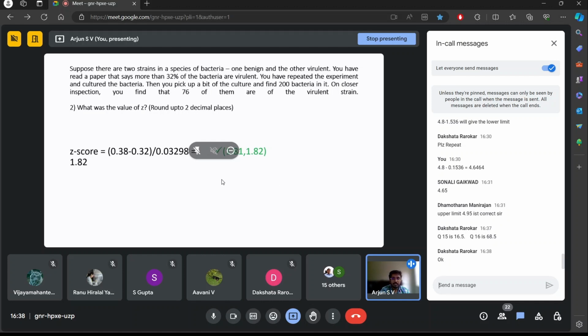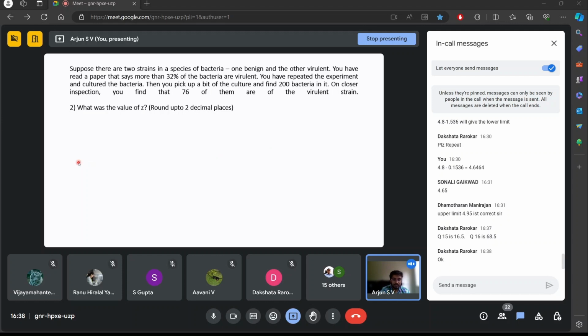Someone here asked how to use the Z table for finding the Z values. I'll take this as an example. We have a Z score of 1.82, and using that we'll try to find the area of a normal distribution curve.